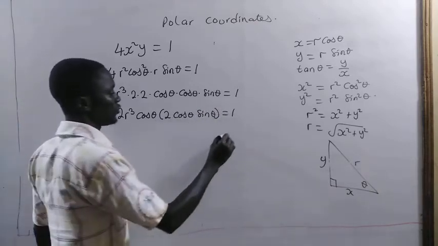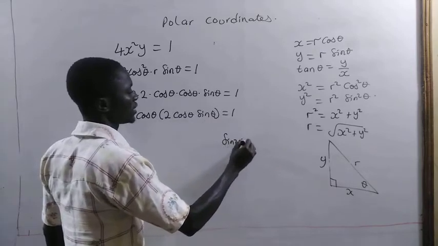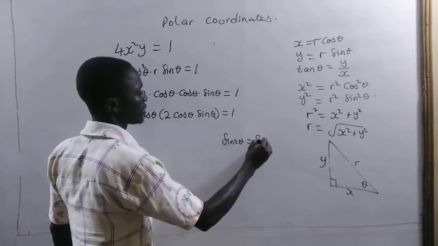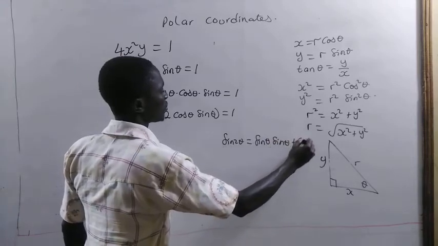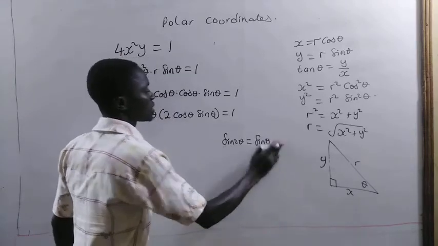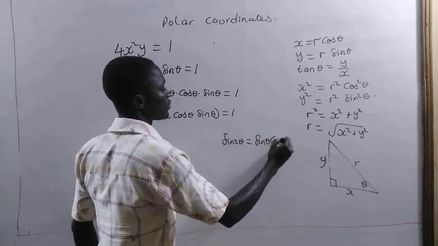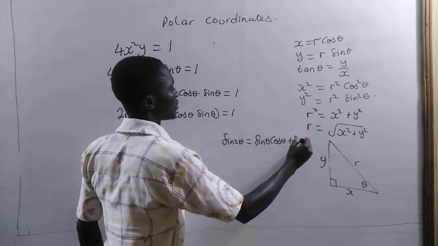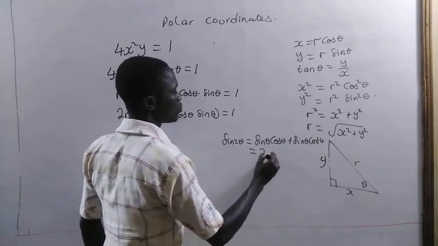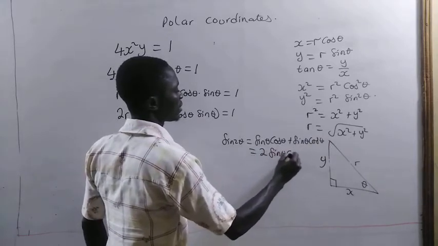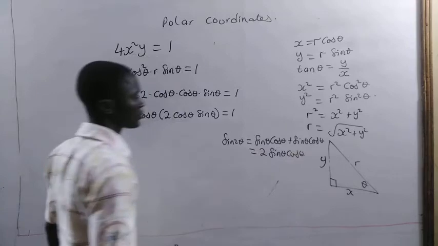And we know that sine 2 theta is the same as sine theta cosine of theta plus sine theta cosine of theta, that is 2 sine theta cosine of theta.